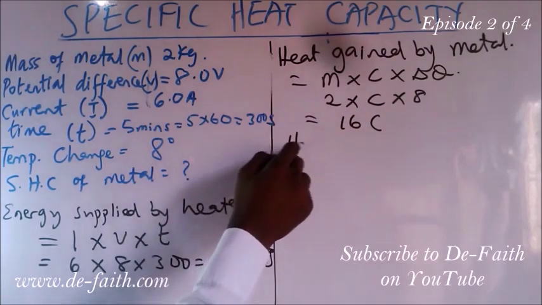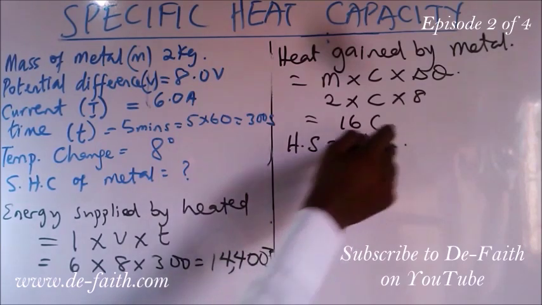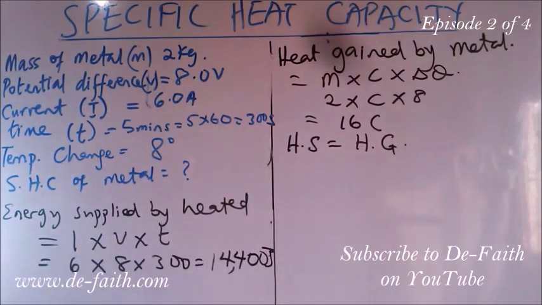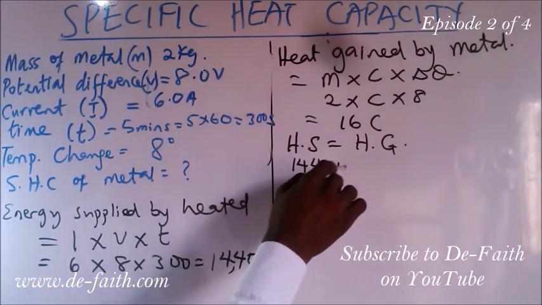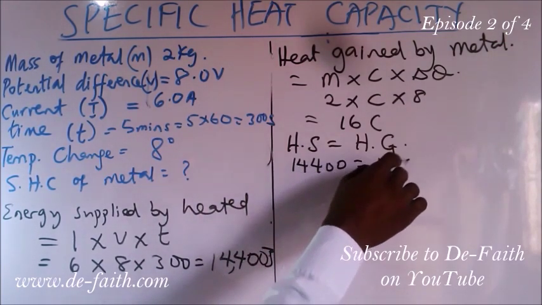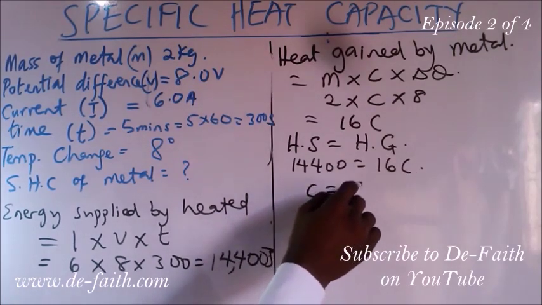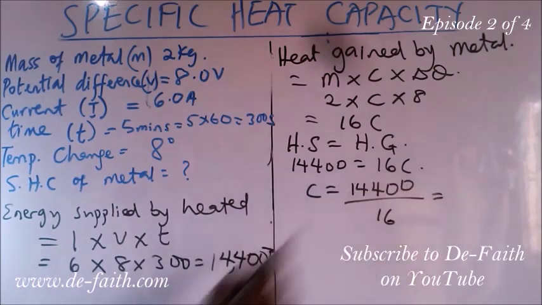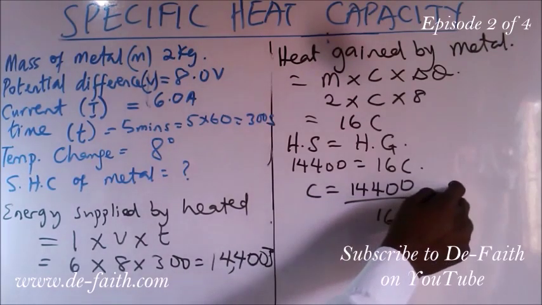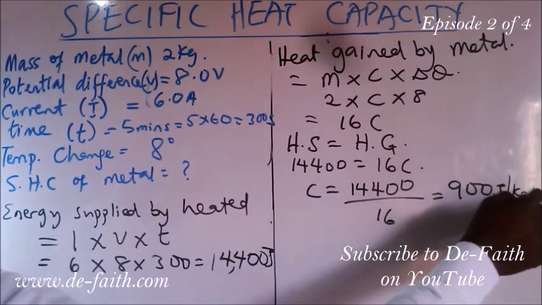Now we have that heat that was supplied equal to the heat that was gained by the metal without loss of any heat. And so we have 14400 equal to 16C. Hence, making C the subject of formula, we have 14400 divided by 16, and we'll be left with 900 joules per kilogram per Kelvin.